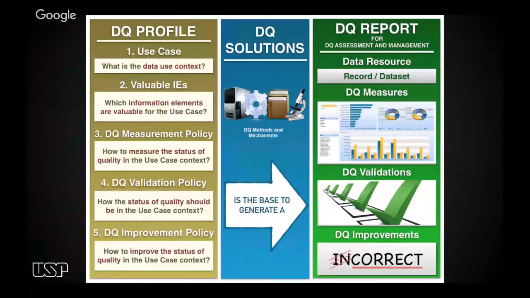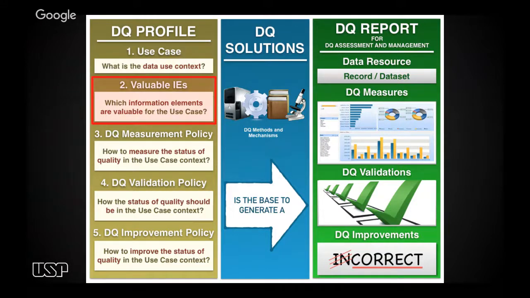So let's see. This conceptual framework can be organized in three main parts. The first one is the data quality profile, which describes the data quality needs in a given context. Basically, this profile describes a use case, the context where I want to describe the data quality needs.